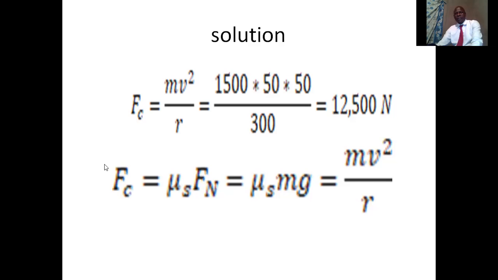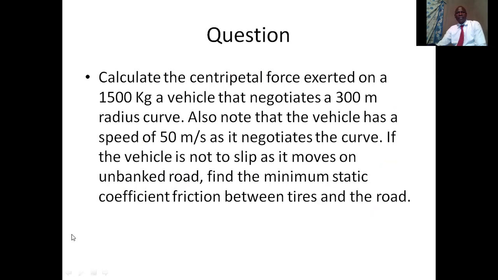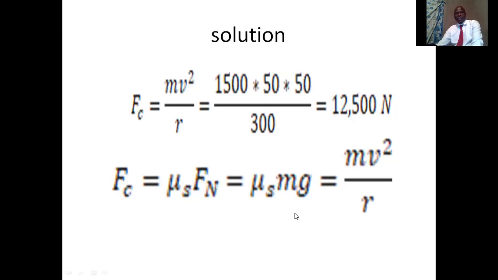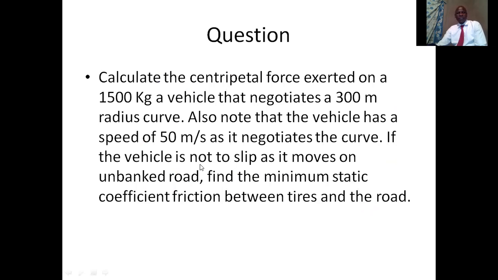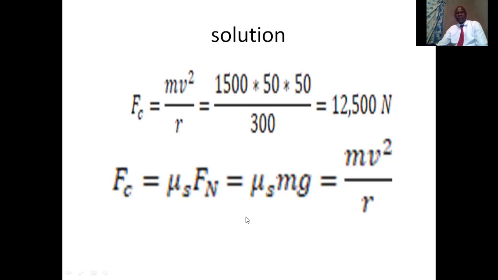The second part of the question is asking us to find, if the vehicle is not to slip as it moves on the unbanked road, the minimum static coefficient of friction between the tires and the road. And we note that the centripetal force is equal to the coefficient of static friction, because this is the actual friction which will enable the vehicle not to slip, multiplied by the normal force.